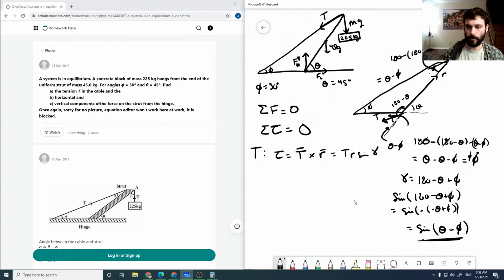Okay, so that's a gamma there. So this is T R sine of theta minus phi. And now we need to assign a direction if we're going to do it this way. So we're going to use the right-hand rule.